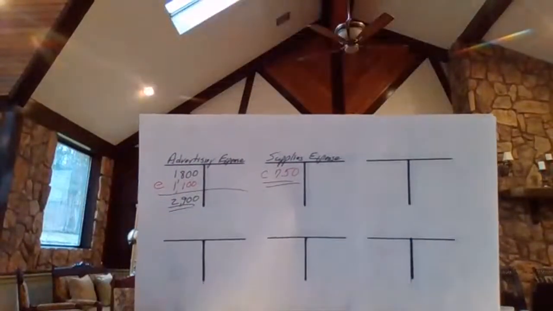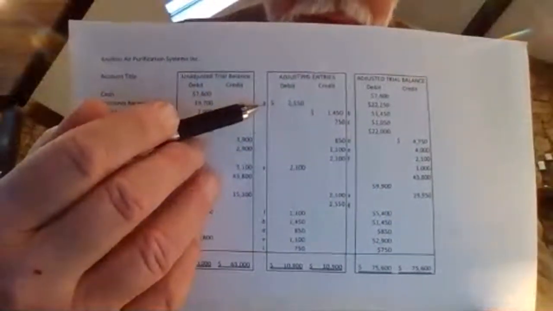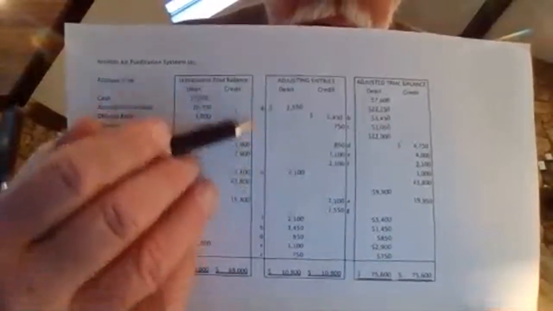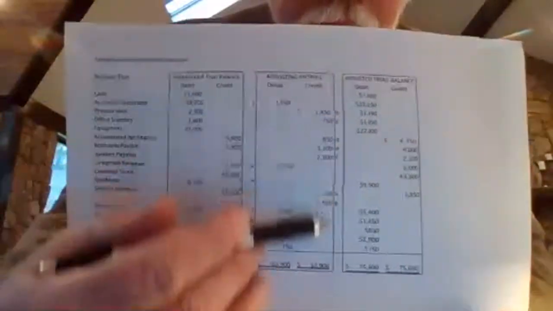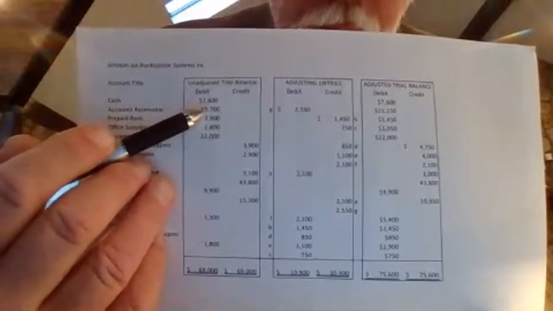All right, so now it says do an adjusted trial balance, which is in your Excel spreadsheet I'll be sending you. Here's what was in the book, the unadjusted trial balance. Here are the adjustments with the reference to the adjusting entry by letter. Then all you do is, if it's a debit and a debit, you combine them and bring it over.